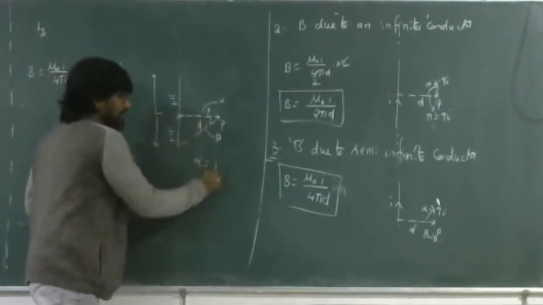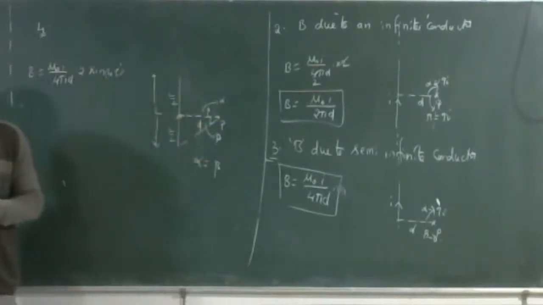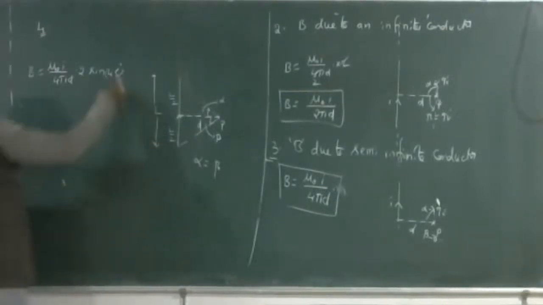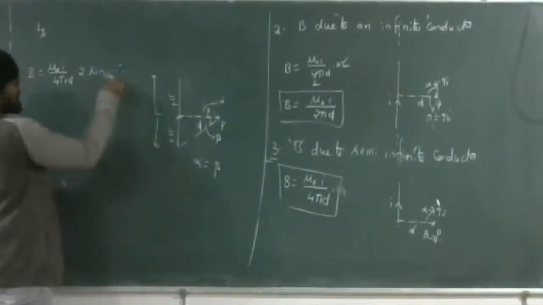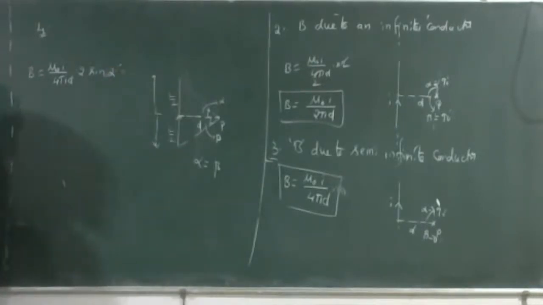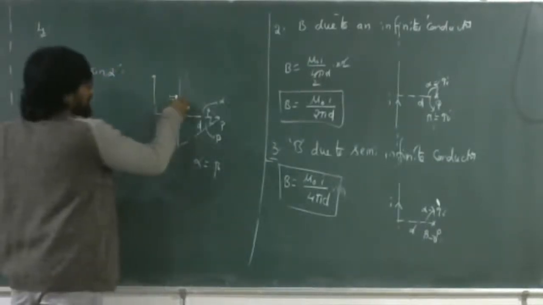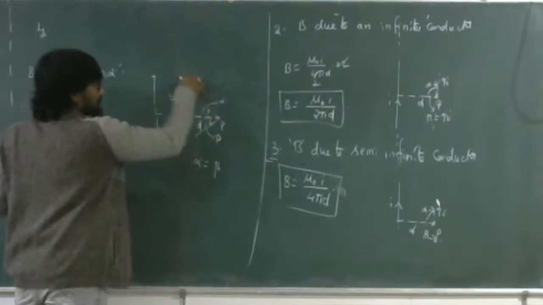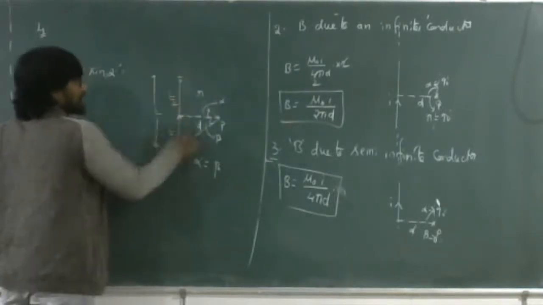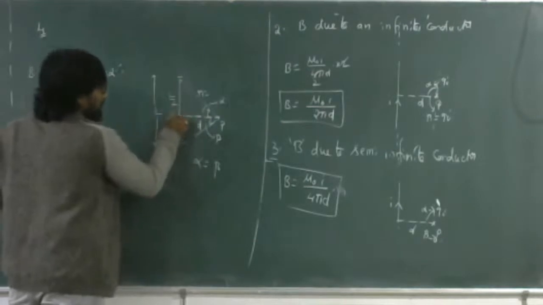That means alpha is equal to beta, in the general case. So as alpha equals beta, sin alpha plus sin beta is 2 sin alpha or 2 sin beta. What is sin alpha? Opposite side by hypotenuse. If you say the distance of the element from the point is R, then from this you can take O, P, Q.